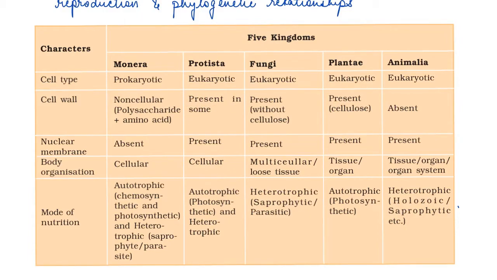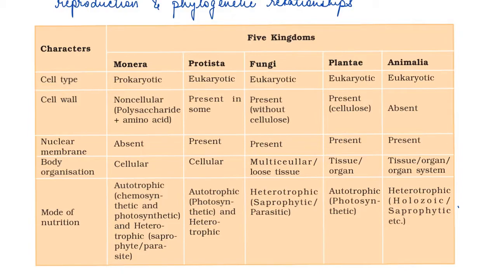In fungi it is present but it is without cellulose. Plants are considered to have a true cell wall which is made of cellulose, and in animals we basically lack cell wall. Then comes nuclear membrane. Again, nuclear membrane is absent in Monera but present in all the other 4 kingdoms.